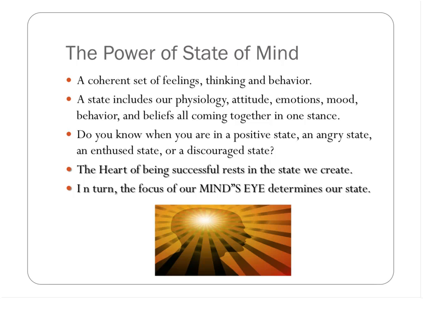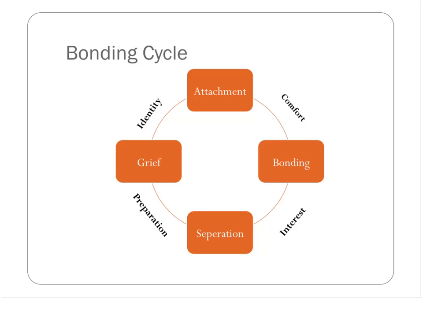The key to success is to always be positive no matter what. Yes, being positive no matter what will put you in a positive state, and your mind's eye will be successful.